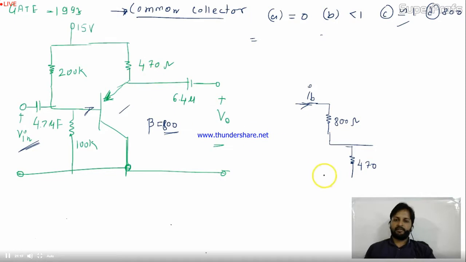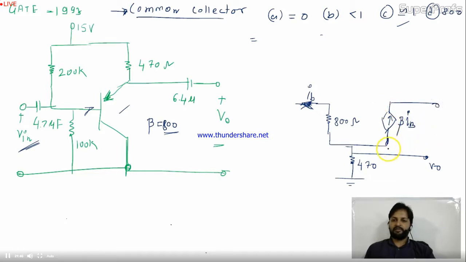This is the 470, and this is directly grounded. Here at 470 I am taking V0. This is the collector portion, directly grounded, but the current is incoming from the emitter. See, this IB will be outgoing. And what about IC? This beta IB will also go outside from the circuit. This is the circuit you have.